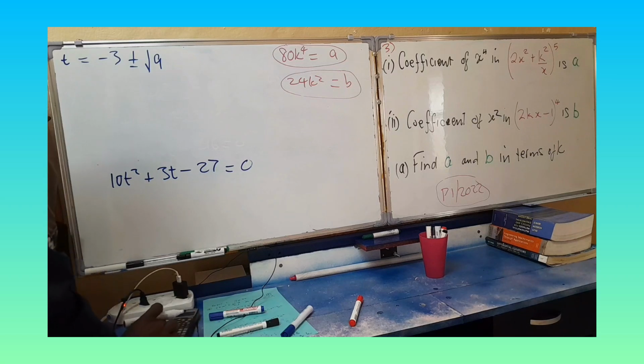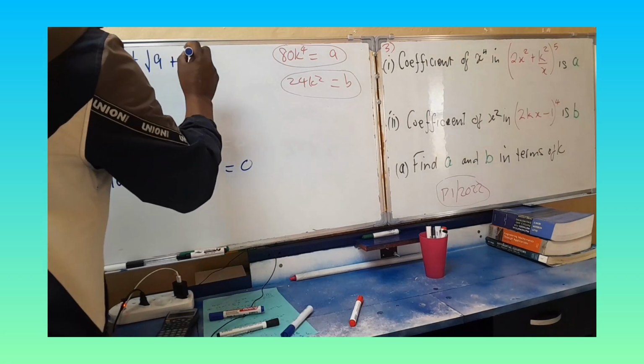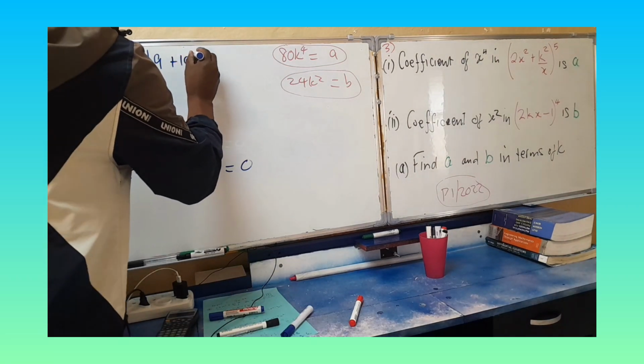So it will be 4 times 10, which is 40, times 27, which is 1080.